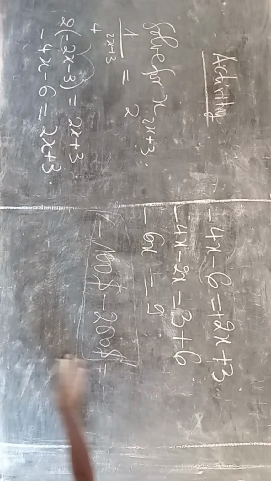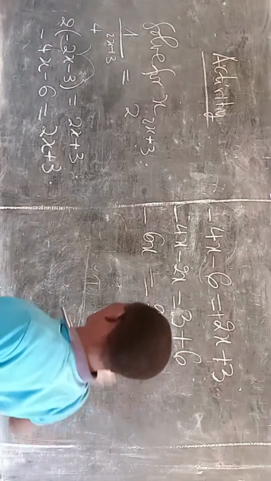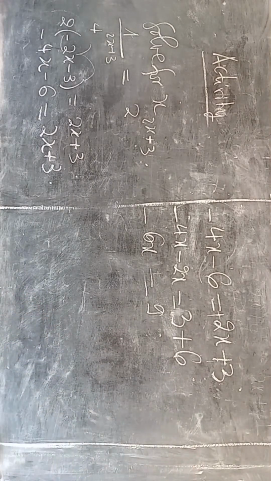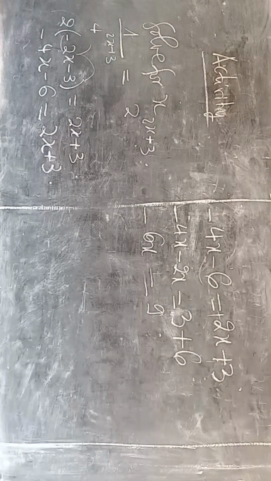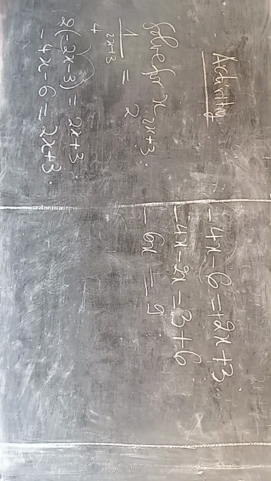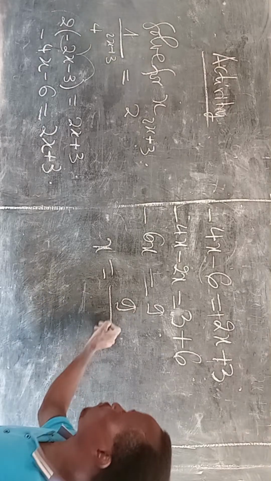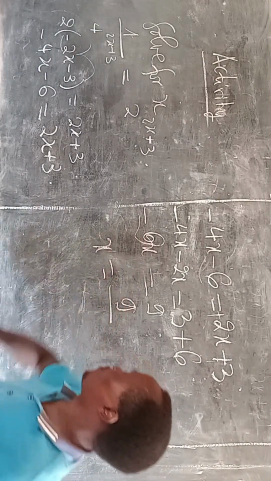Now, let us continue. We are going to find the value of x. Now the value of x will be equal to 9 over minus 6, the coefficient of x.